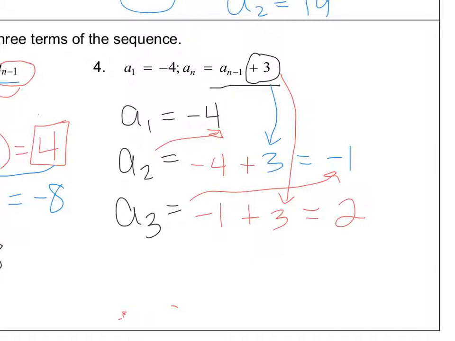So my sequence, my first term is negative 4, my second term is negative 1, my third term is 2. And this makes pretty good sense because I was told that my arithmetic sequence is adding 3 each time. So negative 4 to negative 1, I added 3. Negative 1 to 2, I added 3. So I've just followed the pattern.